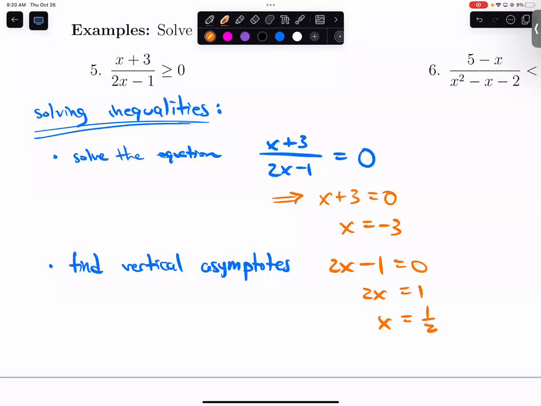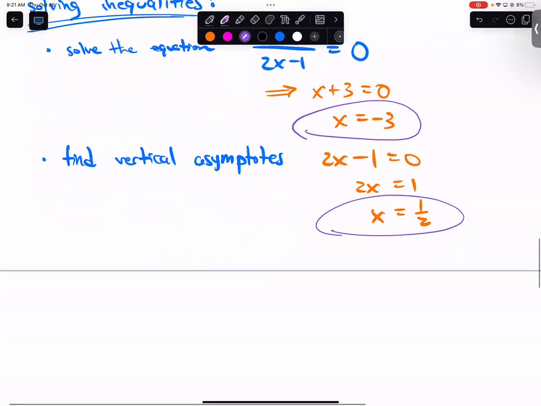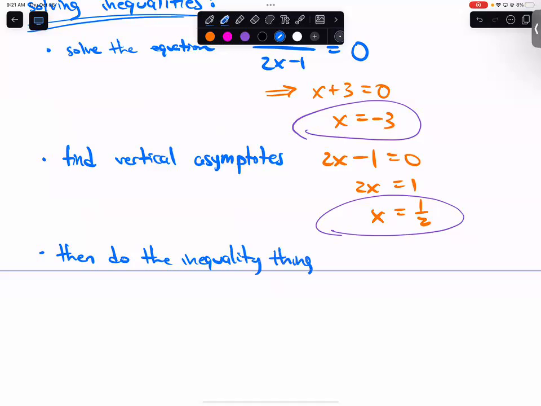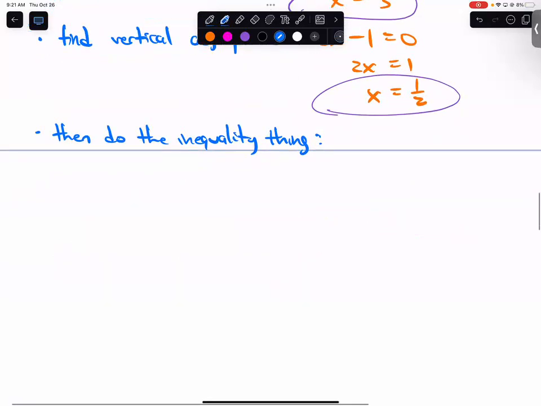Okay, so there's an x-intercept at -3. There's a vertical asymptote at a half. When I go to solve the inequality, I'll do it the same way I always do it.